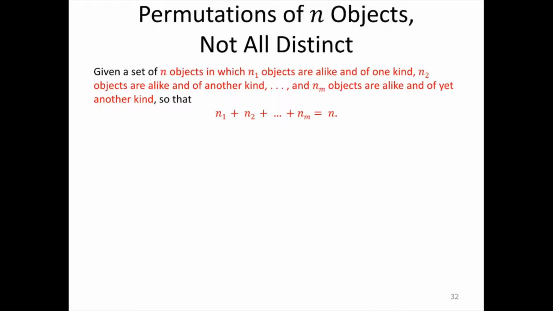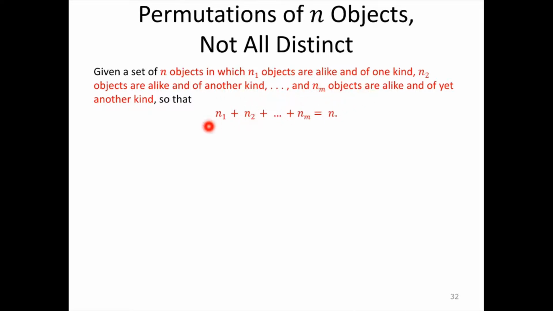But sometimes we can have a set where the objects are not all distinct. So we have a set of n objects where n1 objects are alike, n2 objects are alike, and so on until nm objects are alike.